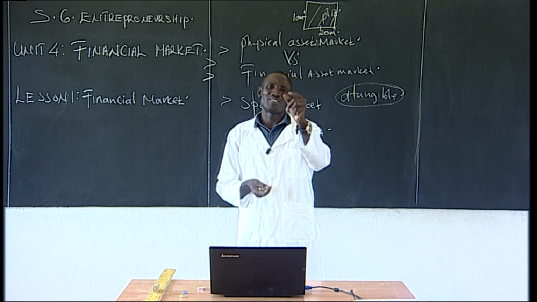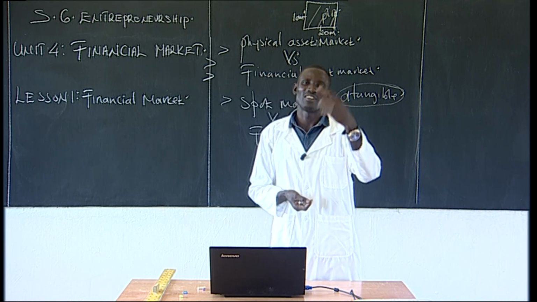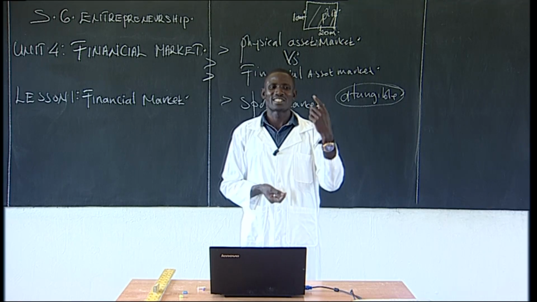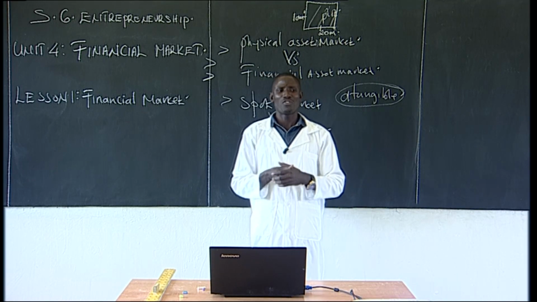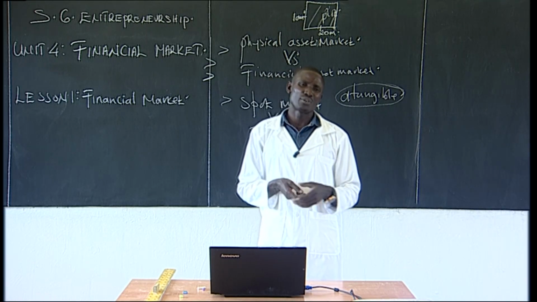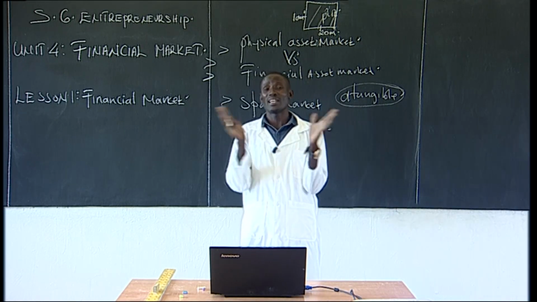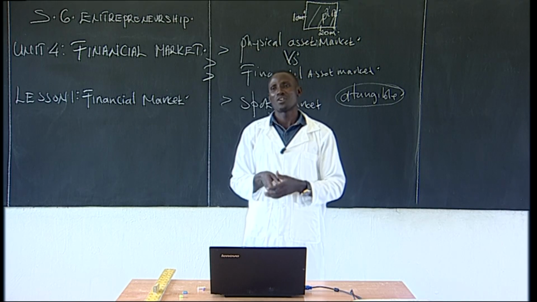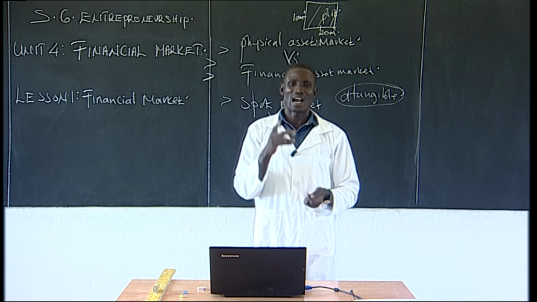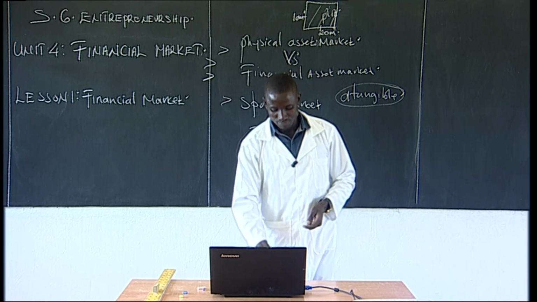Gold you can touch and feel and see. We are having silver or any other form of tangible economic resources. Anything that you can feel and touch, it is what we call physical assets. Are we together? Thank you.